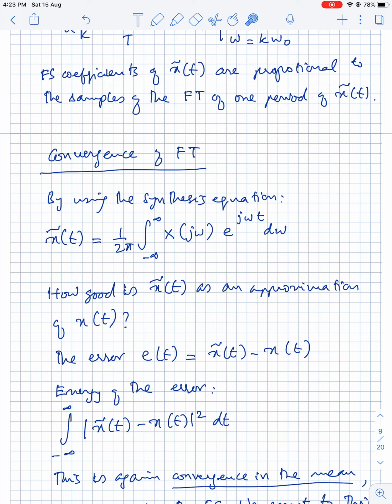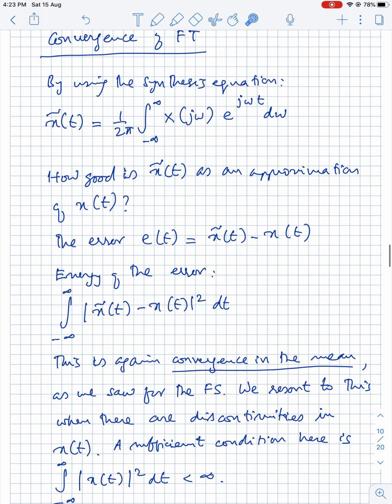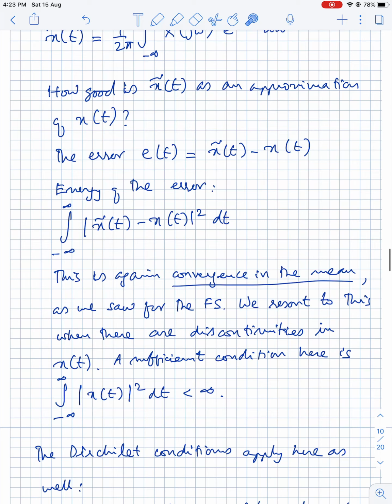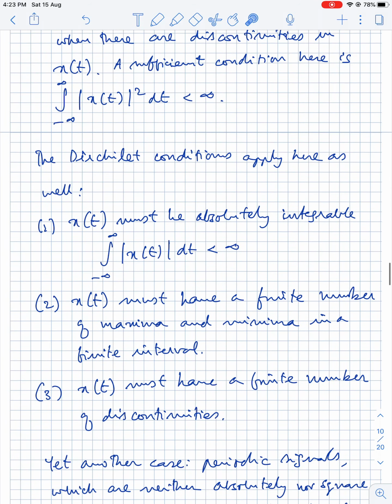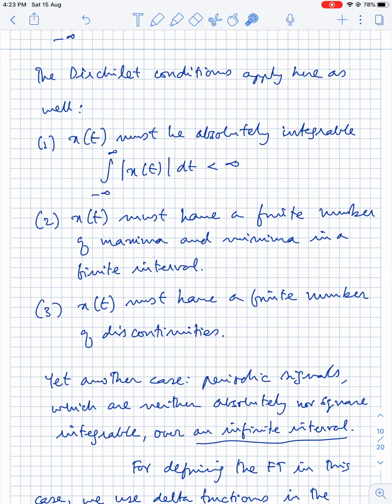But if there are discontinuities in x of t and x of t is square integrable, then x tilde of t will converge to x of t in the mean. That means there may be isolated portions where x of t and x tilde of t don't match. So those are the two conditions which we saw. These are exact parallels with the Fourier series.